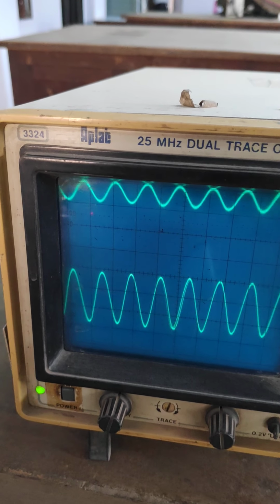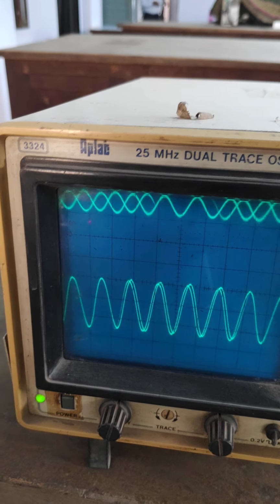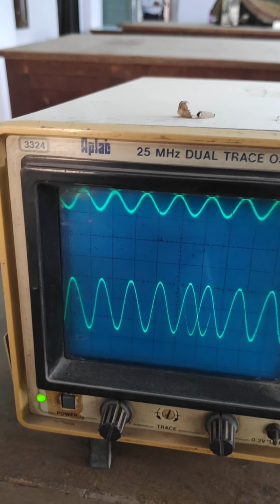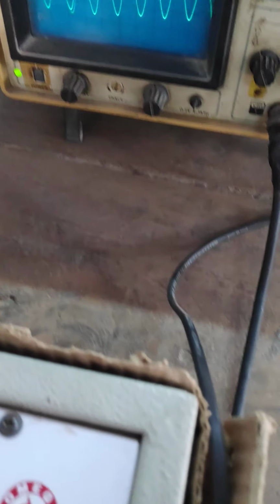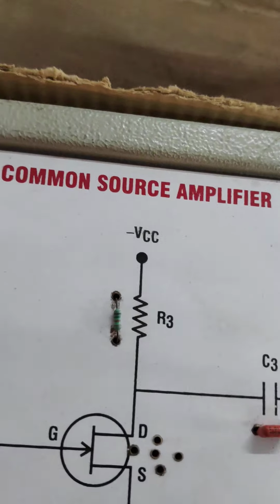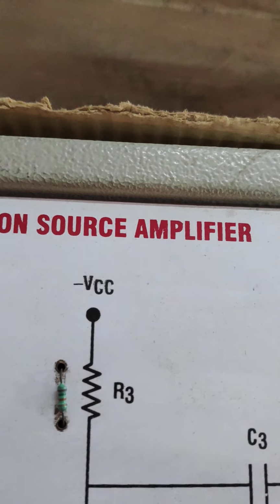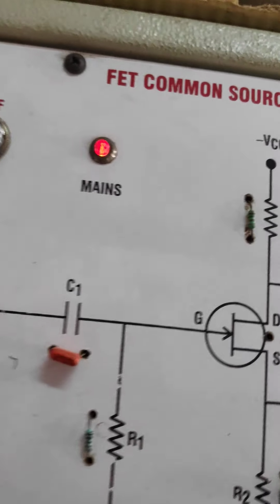So the number of divisions is 2.6. Right? So 2.6 multiplied by 0.5, that is 1.3 volts is the output voltage, and divided by what was the input signal? It was 0.1 volt. That will give you the gain.